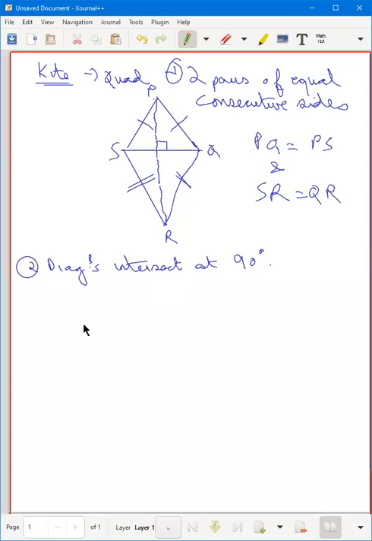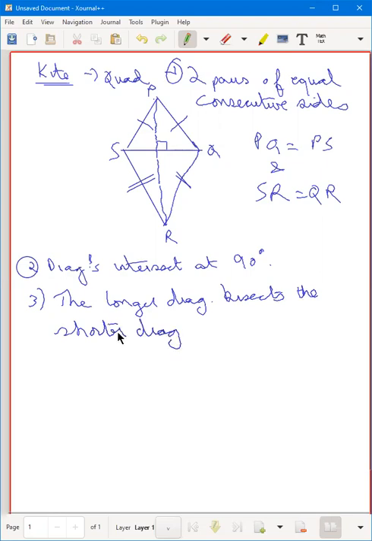Another property, this is an interesting property, is the third one. The longer diagonal bisects the shorter diagonal. This is a very interesting property. So this longer diagonal will bisect the shorter diagonal. So that means, let this point be O. So SO will be equal to OQ.